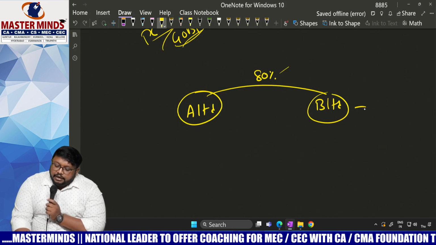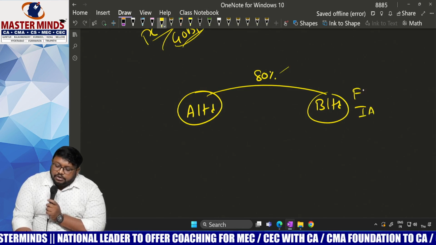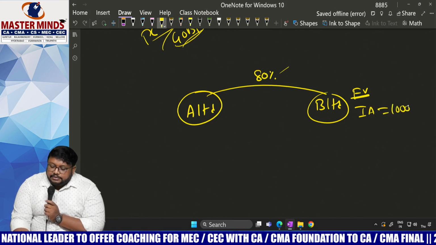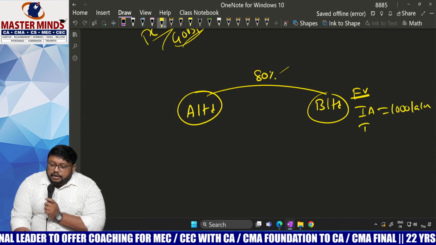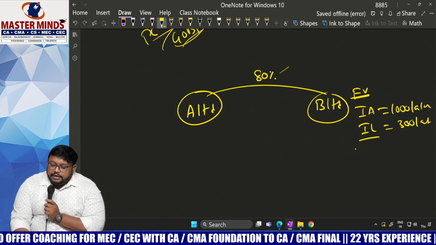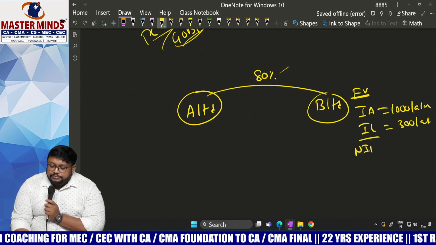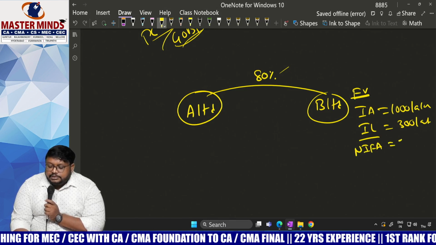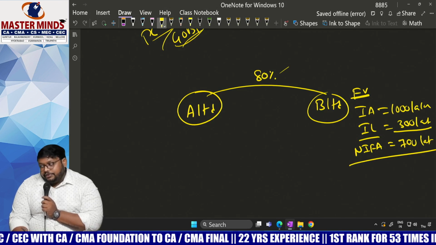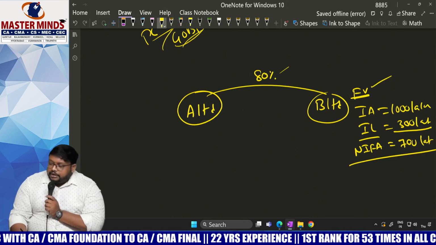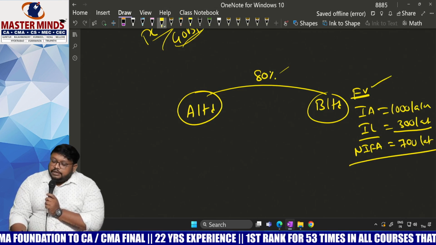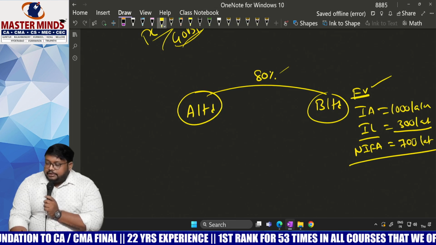The same thing: identifiable assets at fair values, 1000 lakhs; identifiable liabilities, 300 lakhs. Net identifiable assets, assets minus liabilities, is 700 lakhs. For the time being, just think all are fair values.